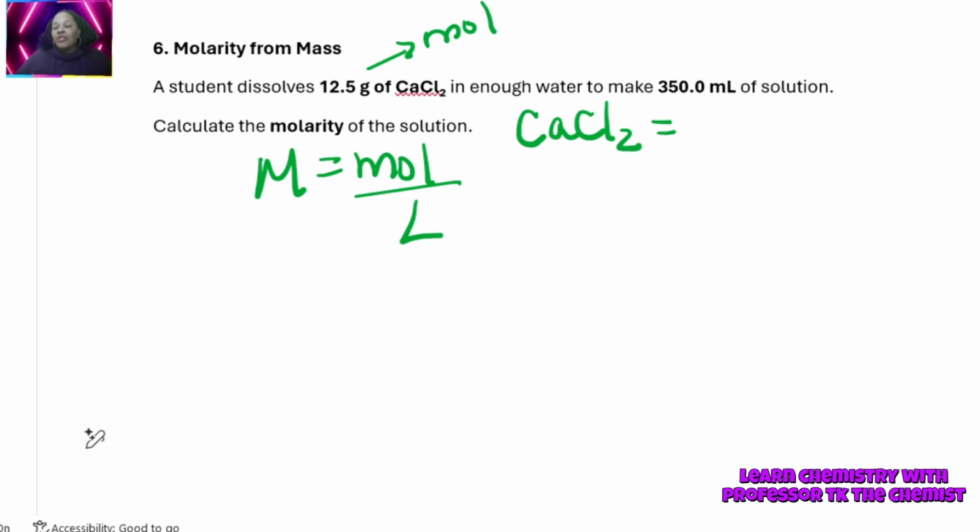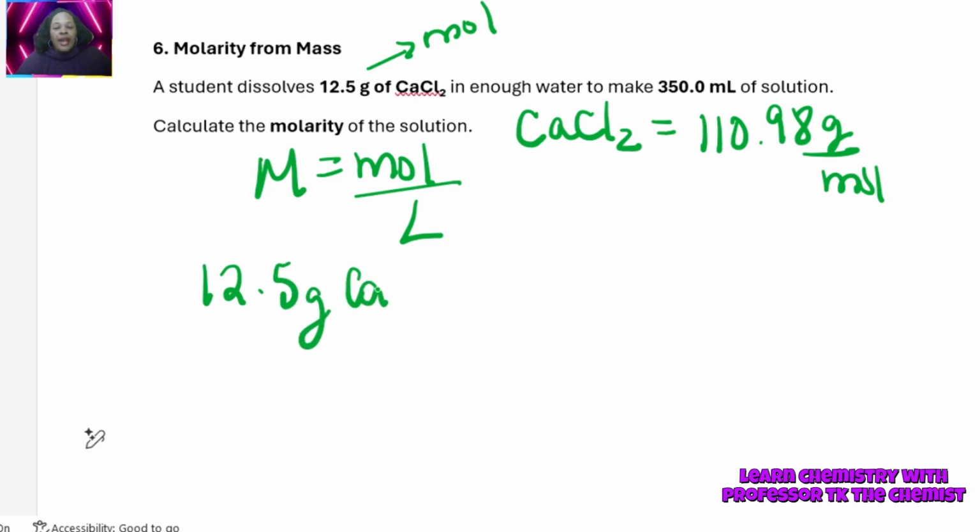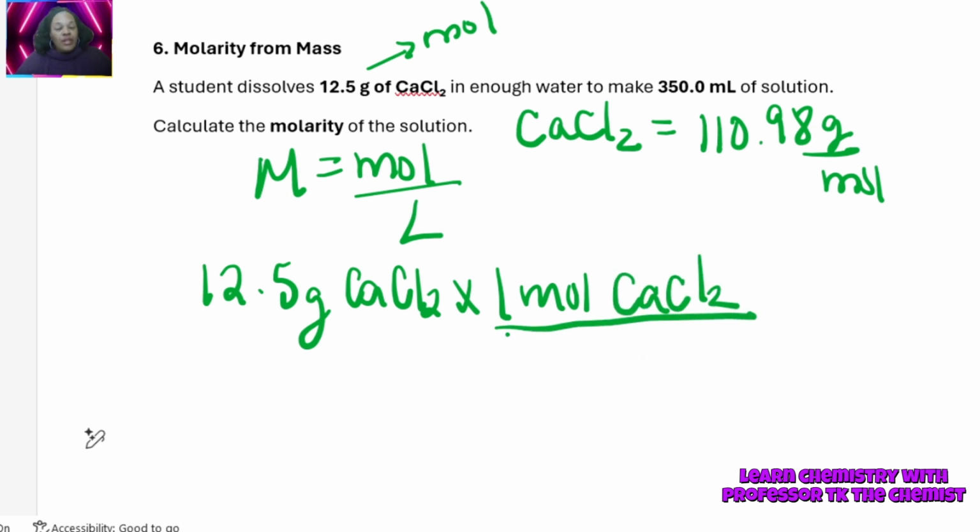The molar mass is 110.98. So I'm just going to plug that number into our problem, 110.98 grams per mole. Now, I'm going to take that 12.5 grams of CaCl2 and convert that to a mole by dividing by the molar mass of calcium chloride, and cancel out my like units.